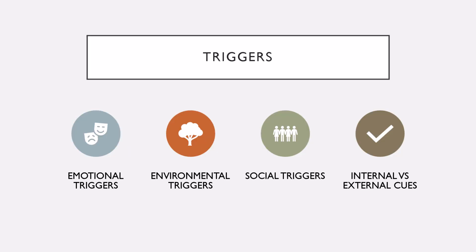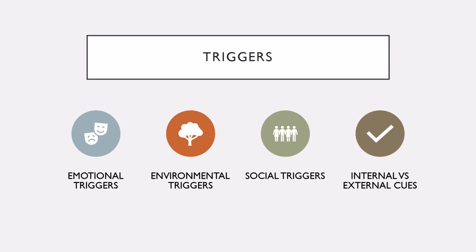Triggers are going to be a critical part of understanding both progression and relapse. So a trigger is anything that activates the desire to use the substance. It could be anything, something they see, hear, smell, taste, touch, feel, whatever. It can be emotional, like stress or anger or sadness. They can be environmental, like maybe it's a place where they used before.